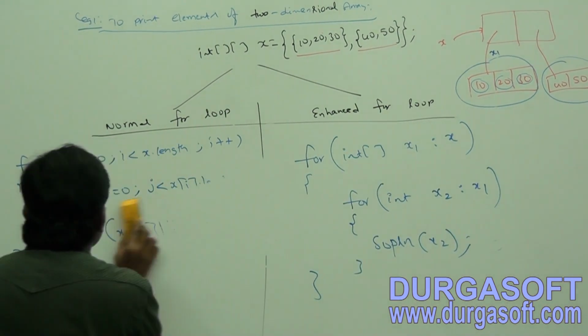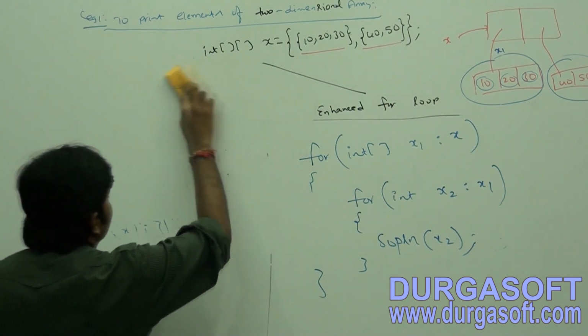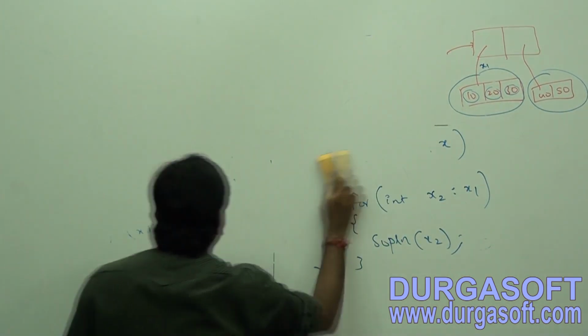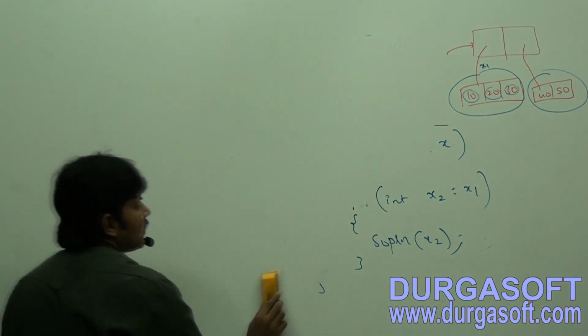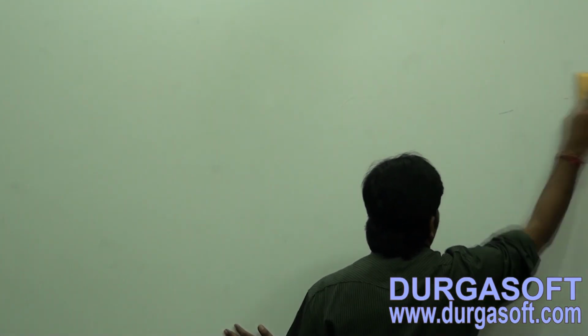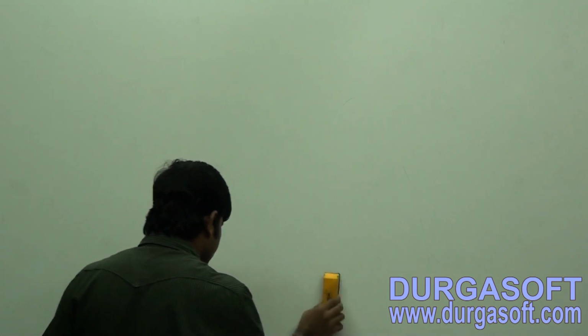To print elements of a three-dimensional array. Let me go directly for the for each loop. I don't want to go for the normal for loop because it is unnecessary, a waste. Now listen.